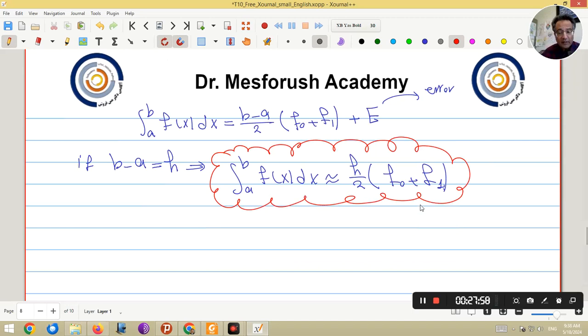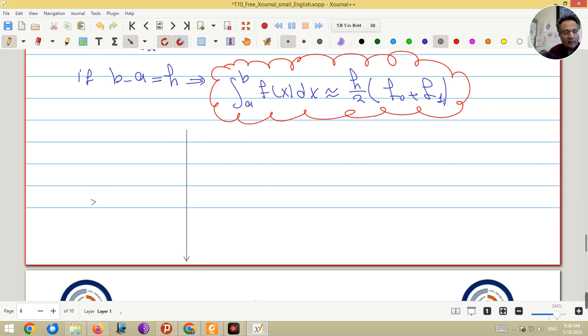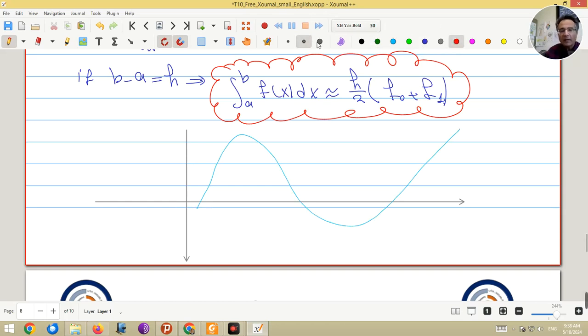If I plot a diagram for this formula, I can find something. Let me do it. Let me consider the y-axis and x-axis, and also a function, for example this function, something like this, and also consider a and b as 2 points. Let me consider here a and here b.